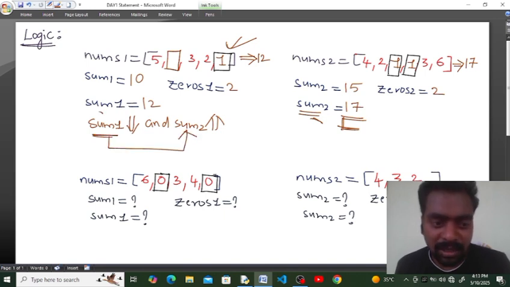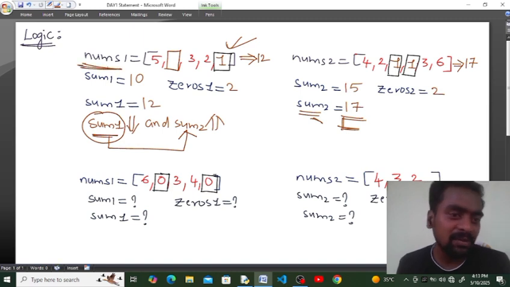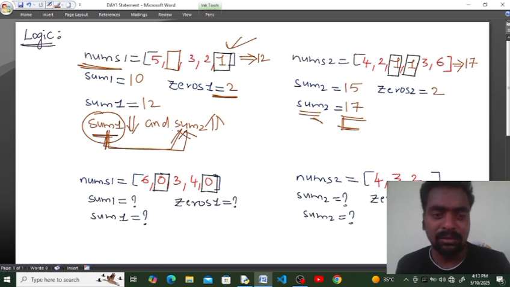To increase the sum1 value, we should have at least one zero in nums1. How many zeros are in nums1? We have two zeros. It means that it is possible to convert this sum1 value to the sum2 value. Yes or no? Right? Because we can keep any value in place of zero so that finally we can make sum1 equal to sum2.